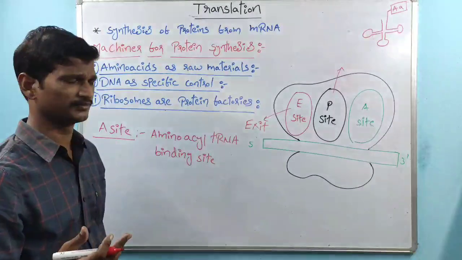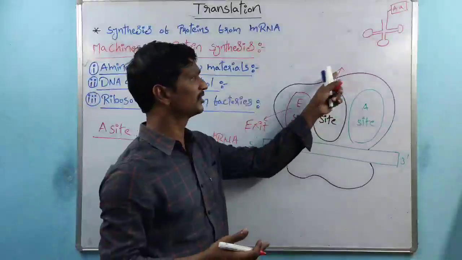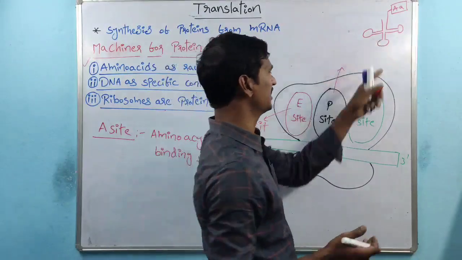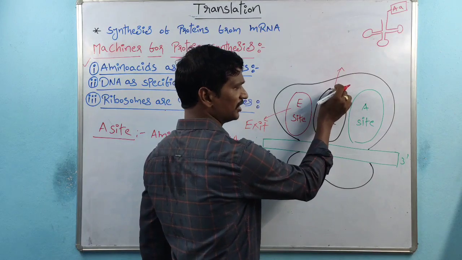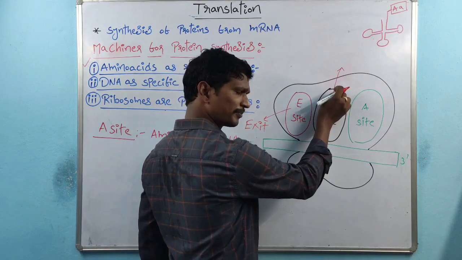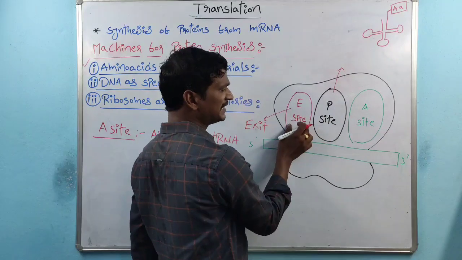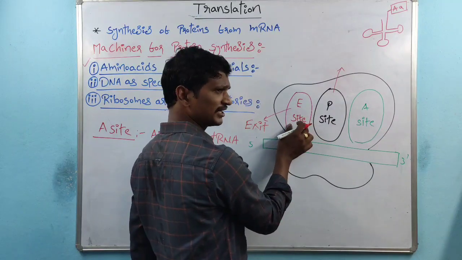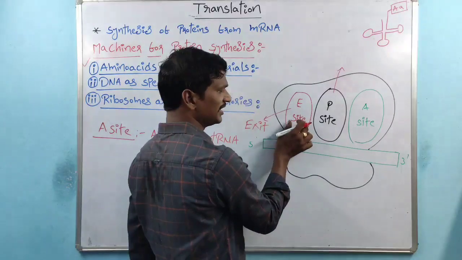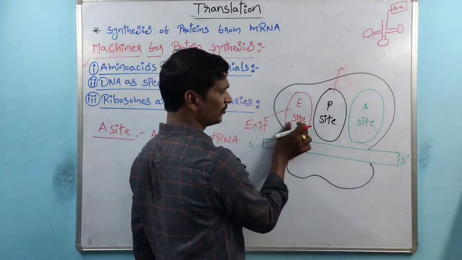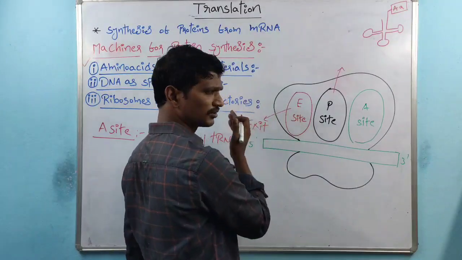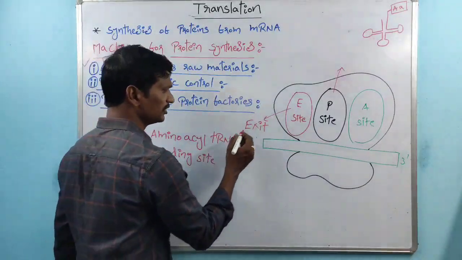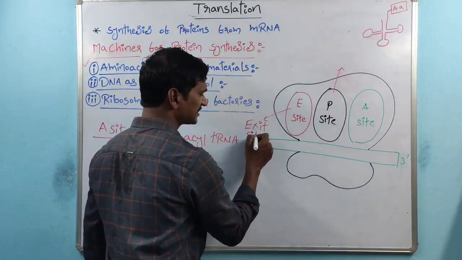The tRNA contained an amino acid bound here, and the amino acid is involved in the peptide bond. So an empty tRNA is present. The empty tRNA enters the E site, and from the E site it goes outside the ribosome. So this site is called the exit site.